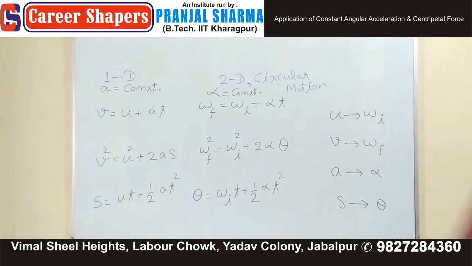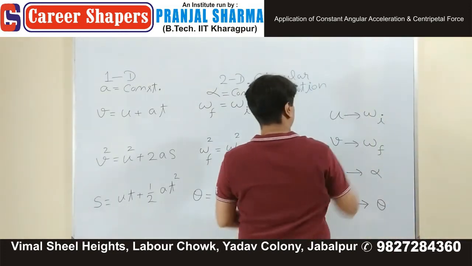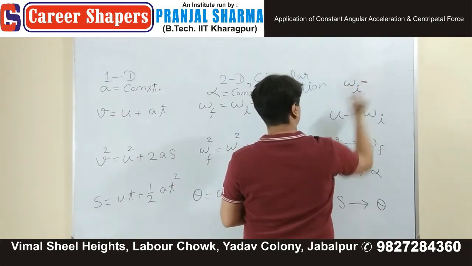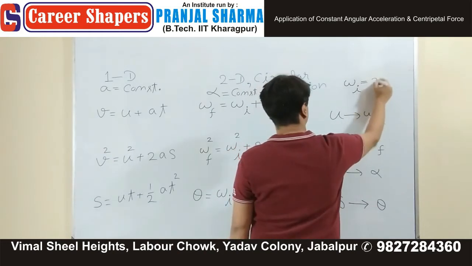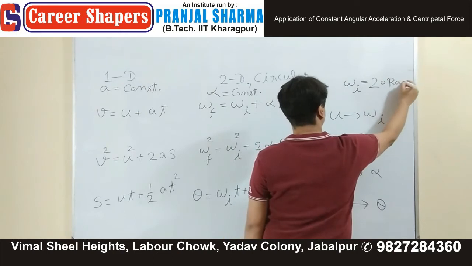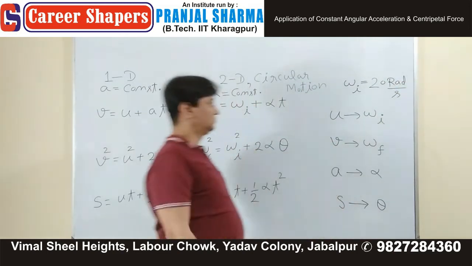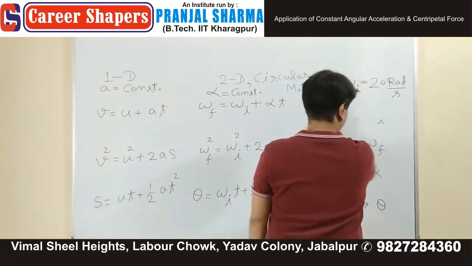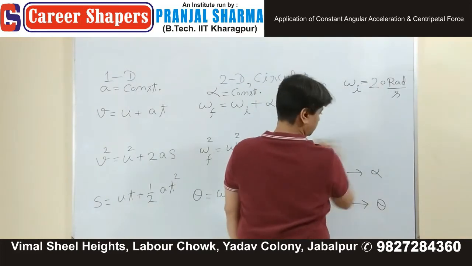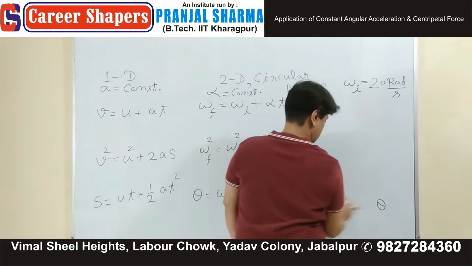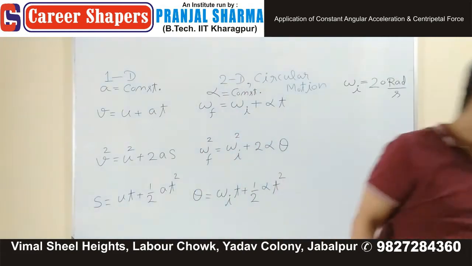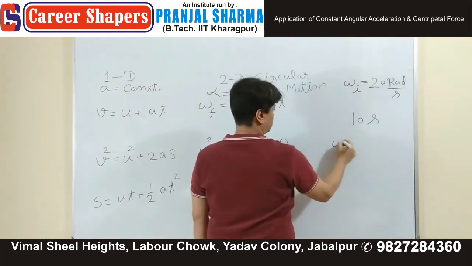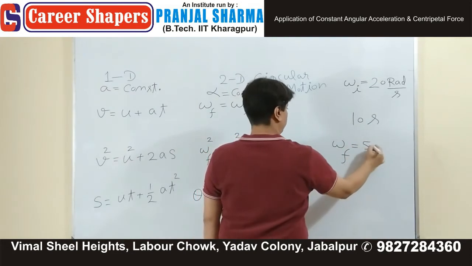Initial angular velocity of the object is 20 radians per second, which after 10 seconds becomes 50 radians per second.